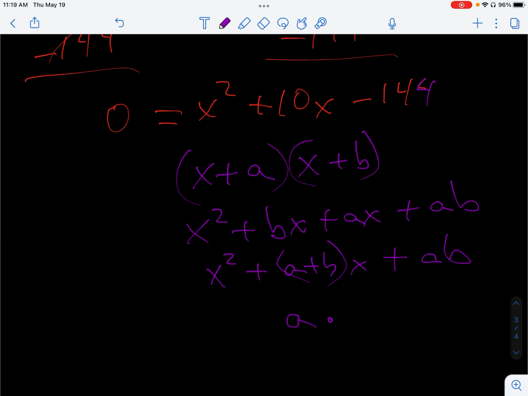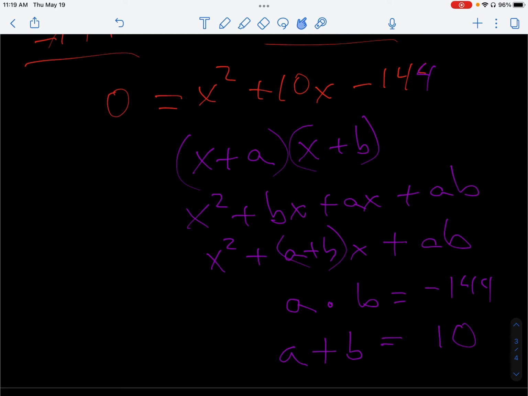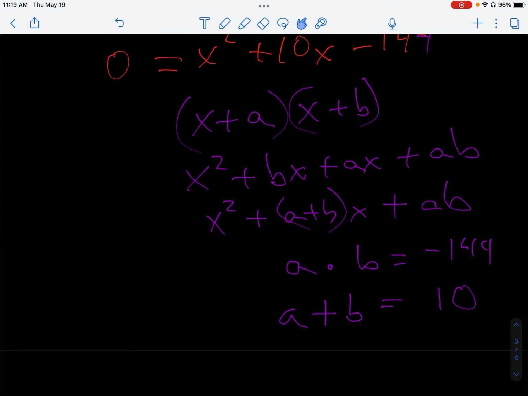So a times b equals negative 144, and a plus b equals 10. So we need to find factors that give us a product of 144, but add together for 10.